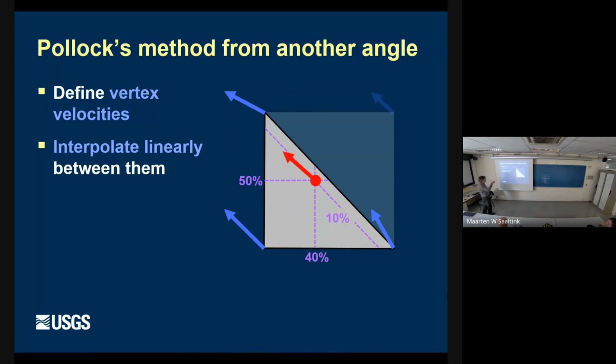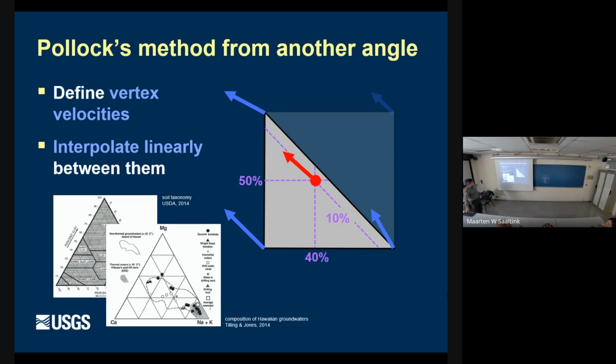So we define the vertex velocities, and now we can interpolate between them, right? So let's say we just focus on the lower triangle of this rectangle. We can interpolate these 3 velocities in space anywhere within this triangle. And we're going to do what's called barycentric interpolation. It's kind of like a ternary phase diagram, or if you're trying to plot the composition of waters that have 3 different components and use a ternary plot.